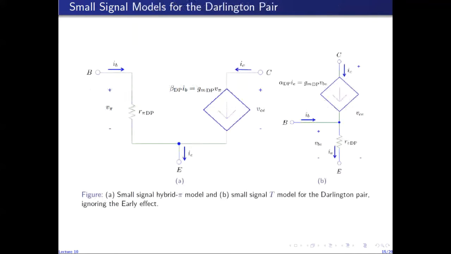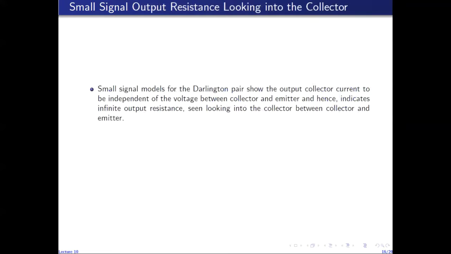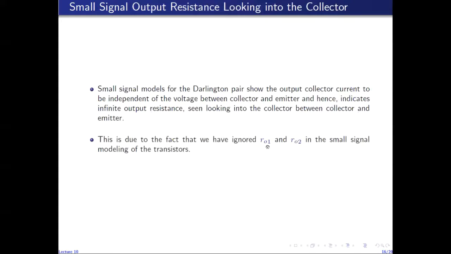This indicates that the resistance between collector and emitter looking into the collector is infinity. So from these models, the small r naught is infinity, which we typically denote as the small signal resistance looking into the collector for a transistor as small r naught. So here it is infinity because we have ignored the early effect. We have ignored small r naught 1 and small r naught 2 for the two transistors.